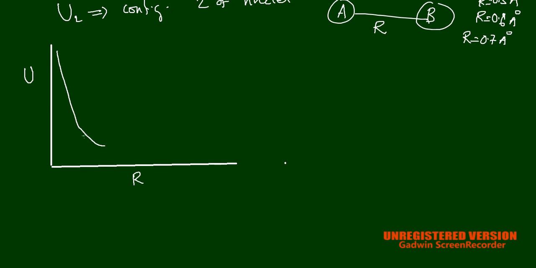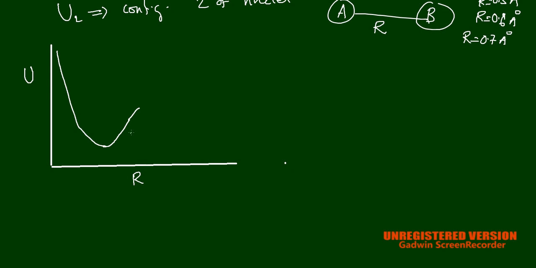And when the distance between the atoms is increasing, the u value will decrease, and then it reaches some point here. When you are again increasing the r value, the u value will increase, and then you are reaching a certain value of r.